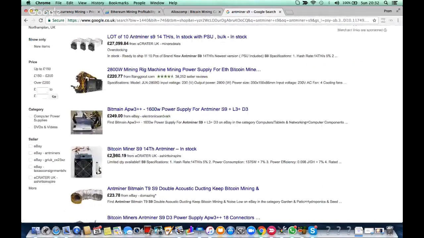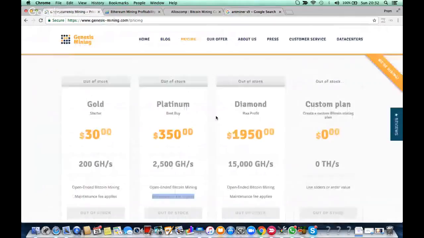This is in British pounds. Someone's selling it for 3,000 British pounds. That's $3,500, let's say, for something that produces only 11 to 14 terahash per second. So you're paying way more for the machine than you would by just having this contract. You're paying less for the contract and you're getting more power out of it. So this kind of makes sense.